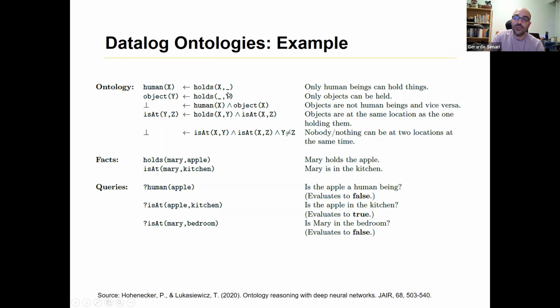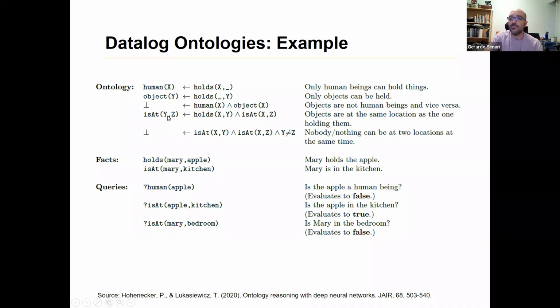So if 2 elements are in a relation, here we use the underscore for an anonymous variable. We don't need to refer to it, but it could say here X as well. Then Y is an object. These classes are disjoint, so humans and objects have no overlap.